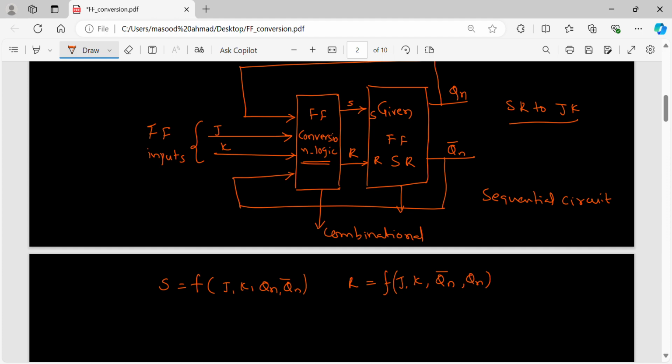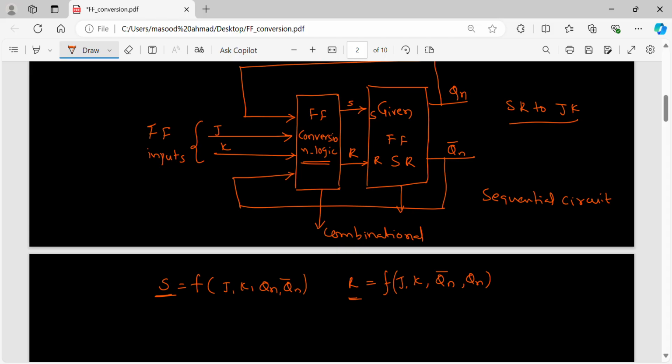So we try to get an expression for S in terms of J, K, Qn, and Qn bar, and we also try to get an expression for R. With that, we are going to get a circuitry, a set of logic gates, and then we get our overall converted flip flop, SR converted to JK.